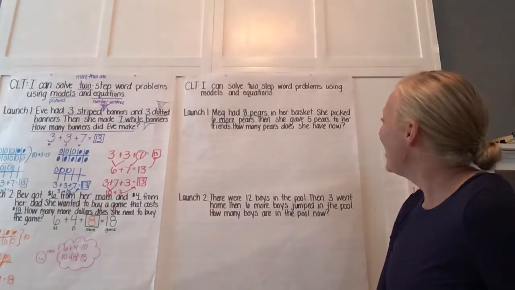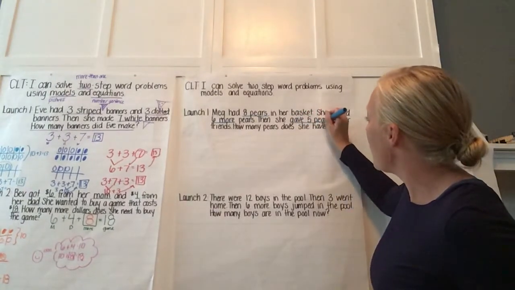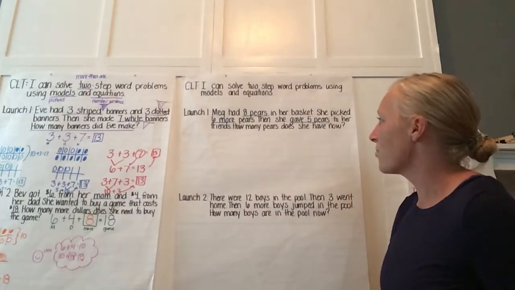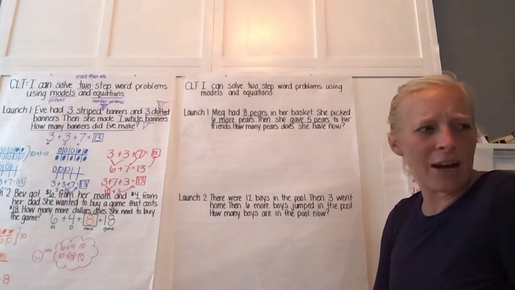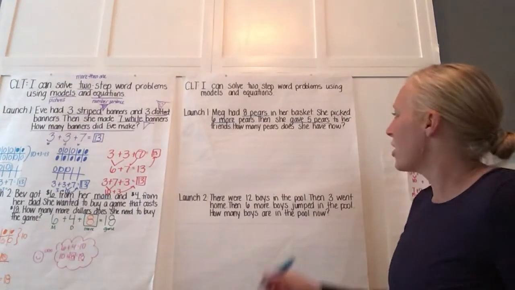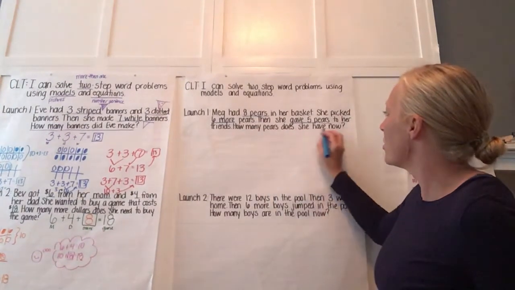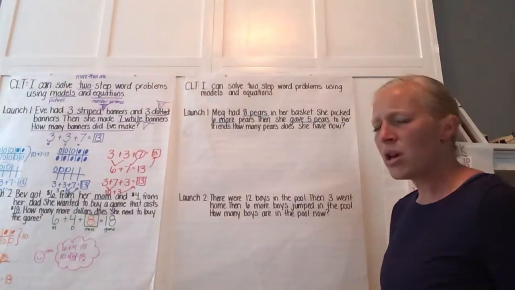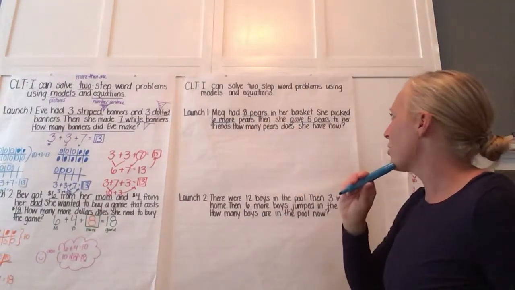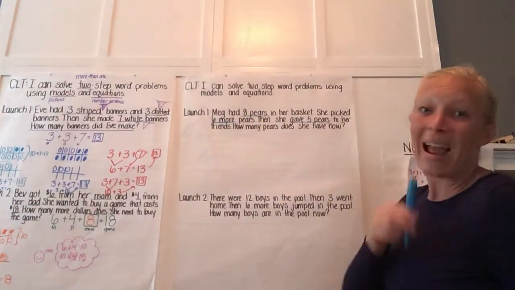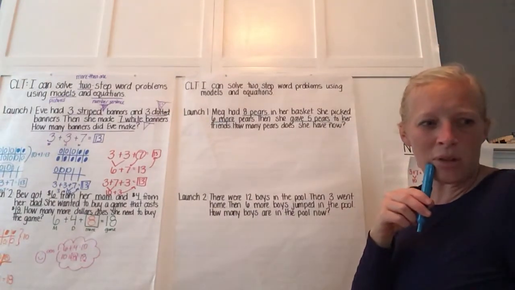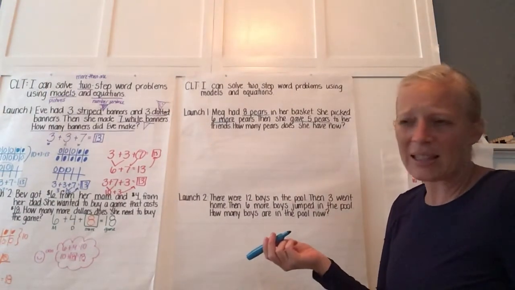Yes. She gives 5 pears away. What are we trying to find out? There's that question. How many pears does she have now? So knowing that she had 8 pears, she picked 6 more, and then she gives 5 away, and we're trying to find out how many pears she has now.